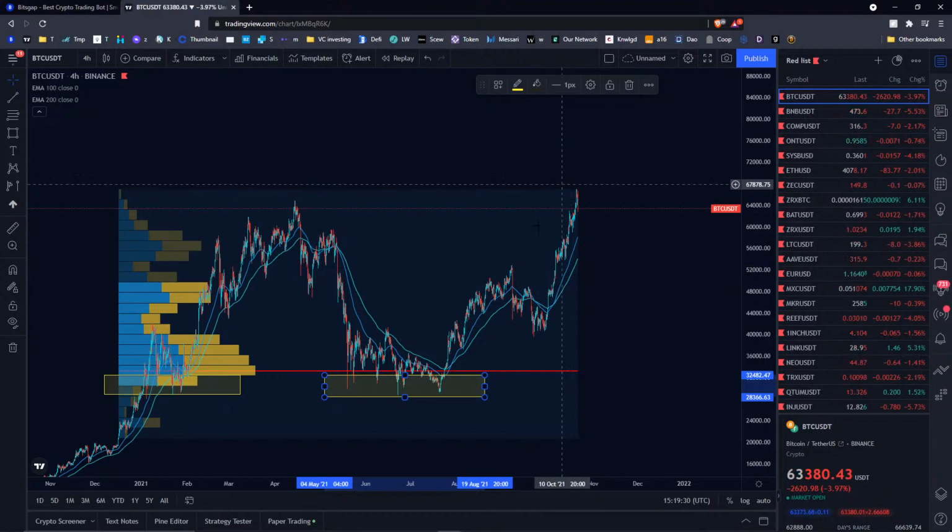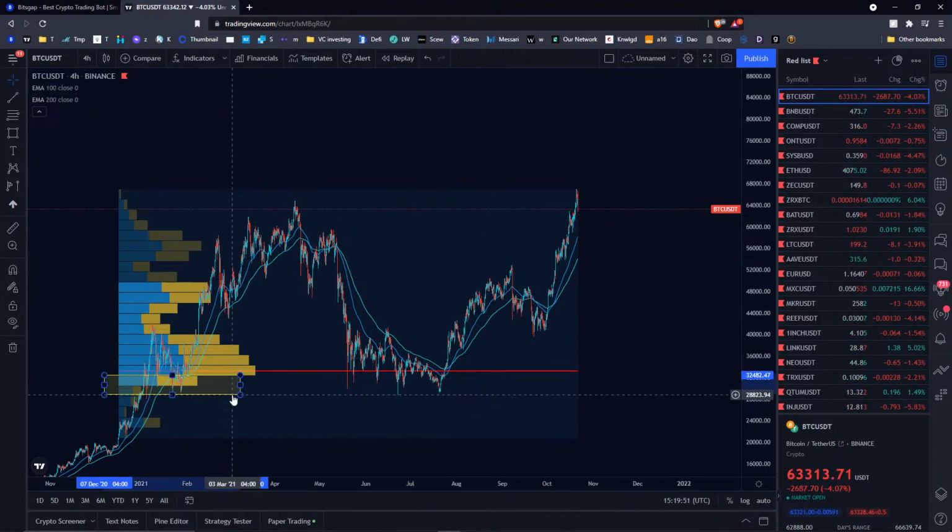So that was the outflow from exchanges. That's something you can see on on-chain analysis tools like Glassnode, for example, or Skew. These are some examples of on-chain analysis tools. And yeah, volume profile pretty much just shows you where you can expect the next support or resistance line.